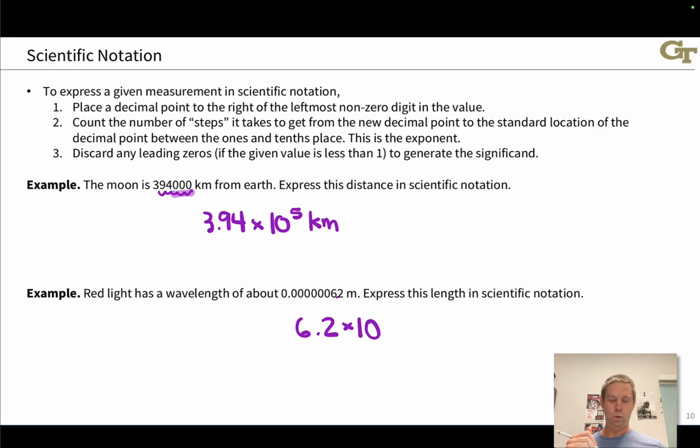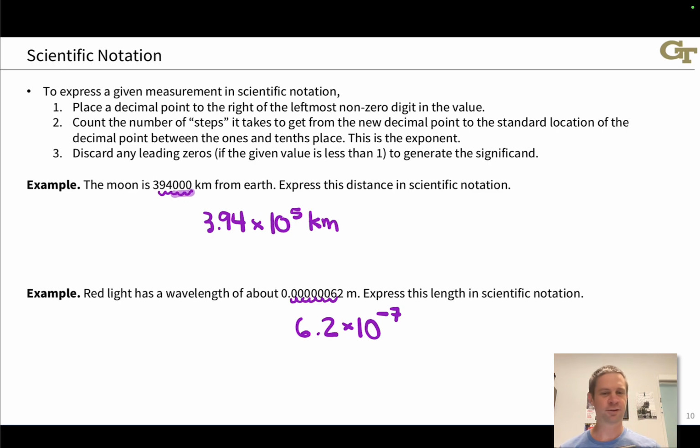Now, what we're going to do is count the number of steps it takes to get from this new decimal point to the standard location of the decimal point between the ones and tenths place. 1, 2, 3, 4, 5, 6, 7. And I was walking to the left, so the exponent here is going to be negative, and it will be -7 since we took 7 steps to the left.